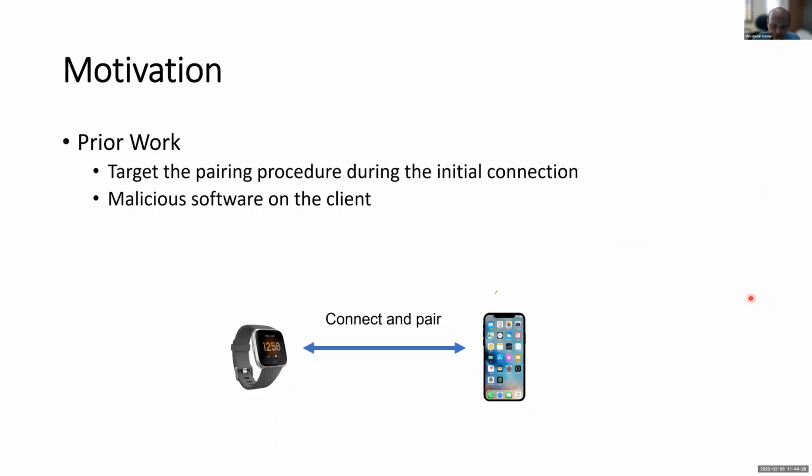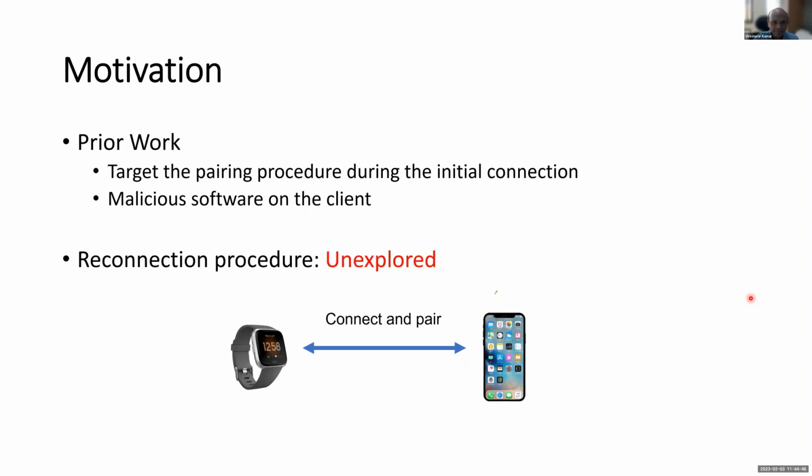Now we looked into the Bluetooth domain, and it has been looked into for quite some time, for decades. For at least 2 decades, people have been looking into security vulnerabilities, and they have looked into a variety of threat vectors. But we investigated a very unique threat vector.